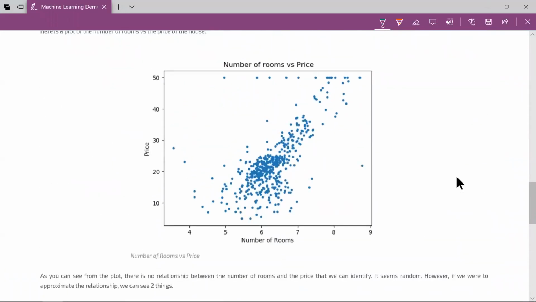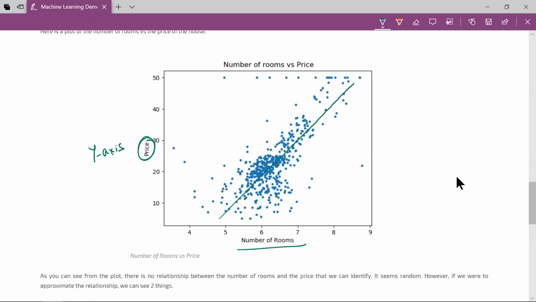What you see here is a plot of the price of a house on the y-axis, and on the x-axis you have the number of rooms. If you look at the pattern, there's not a concrete pattern, but there is a broad pattern. What is that pattern? As the number of rooms increases, it looks like the price is increasing.